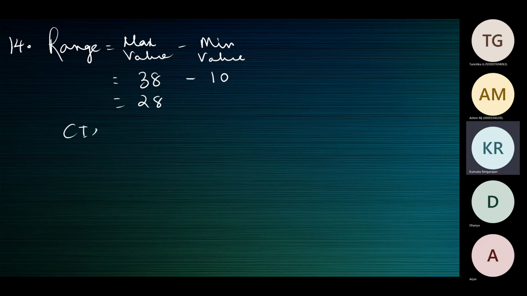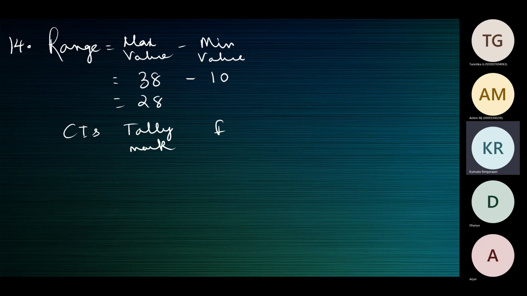Class intervals, tally marks, frequency. Now see the conditions. You should use class intervals. The class size should be 4. And the upper limit should be included in the same class interval.